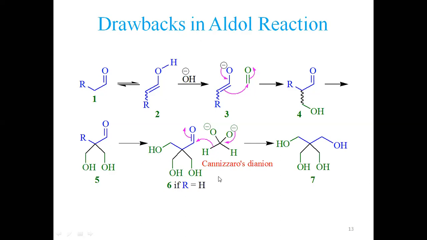All right. And then what happens next? This is the Cannizzaro's dianion. What does it mean? This is Cannizzaro's dianion. So Cannizzaro's dianion is in fact formed. How is this formed as a consequence? Now look here. If this hydroxyl, rather than adding to this one, reacts with the enol form, no doubt formaldehyde is also present in the reaction mixture.